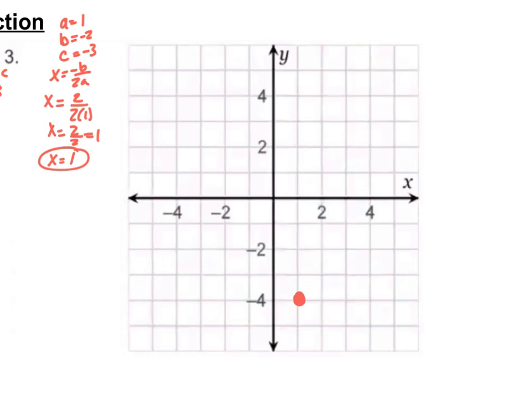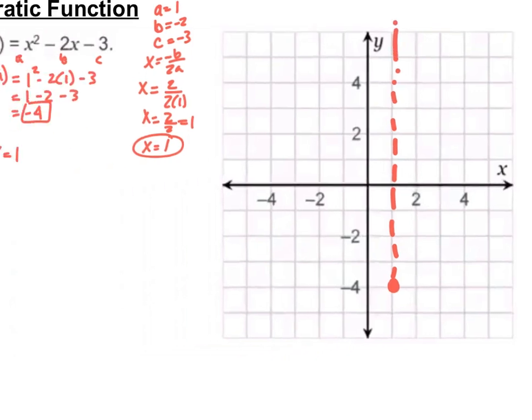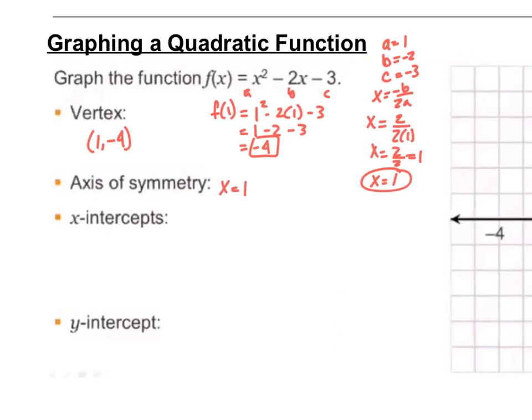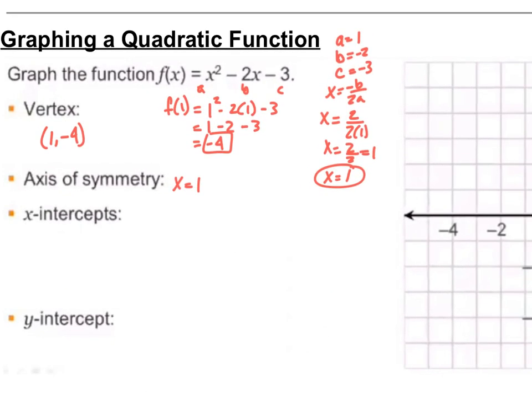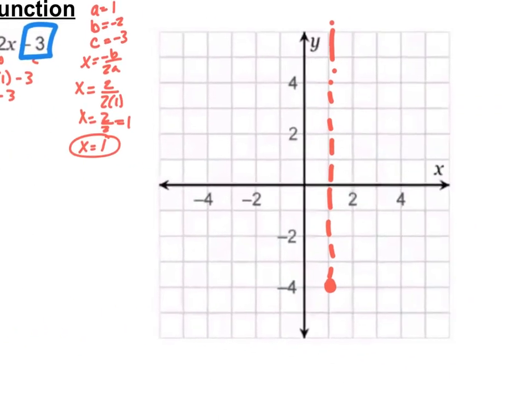My axis of symmetry, I'm also going to draw like this. Now to find my y-intercept, that's going to be the value of c, which is -3. My y-intercept is the point 0, -3. Here's what's kind of easy about this: I've got this point here, 0, -3.